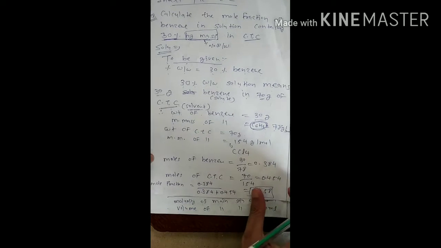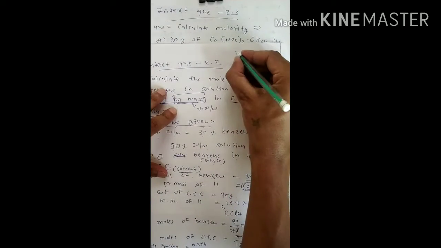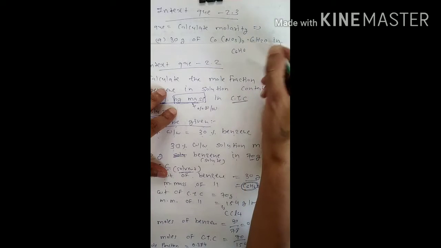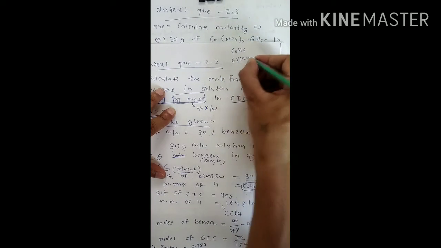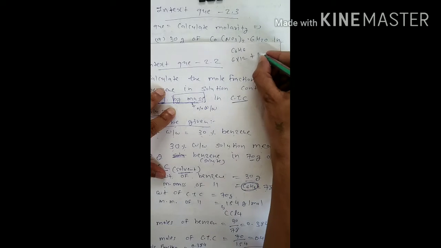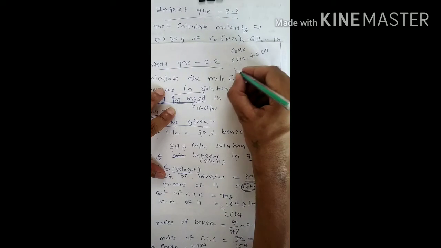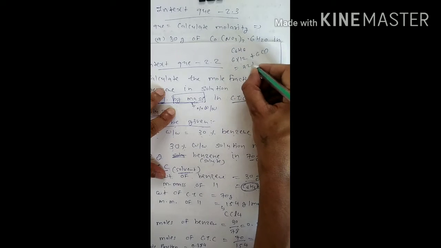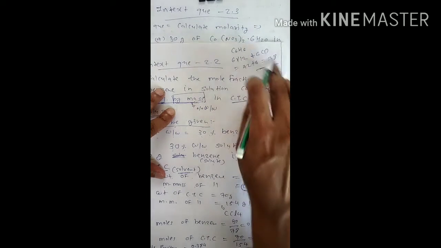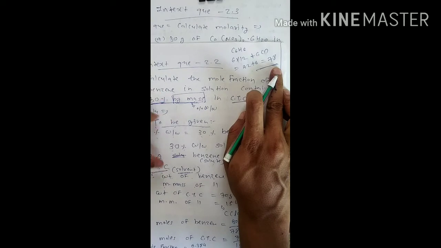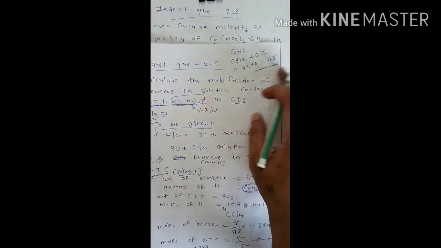Let me just show you. C6H6 is its formula. So carbon is 6 times 12 plus 6 into 1, 72 plus 6, 78. So 78 gram per mole is the molecular mass.